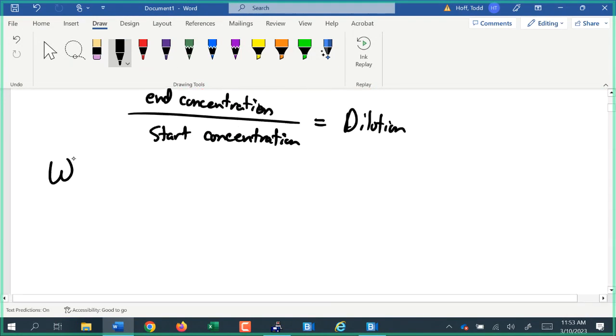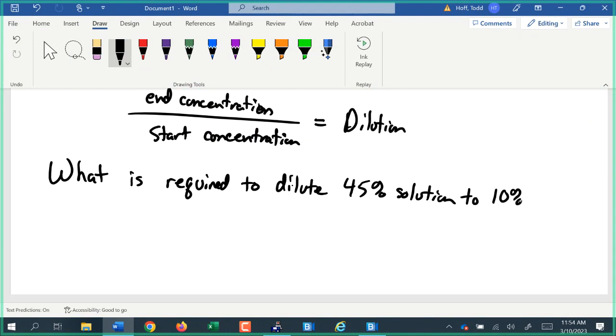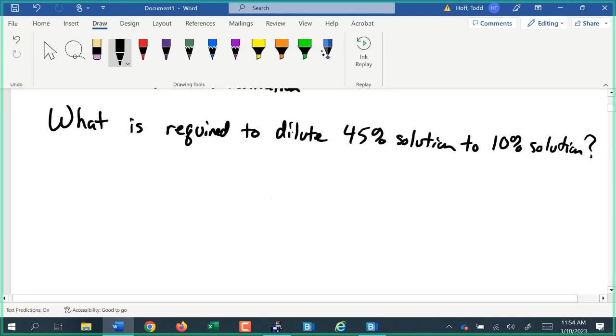So if I ask what dilution is required to dilute 45% solution to 10% solution, I don't have to do a fancy calculation using that solution concentration formula.